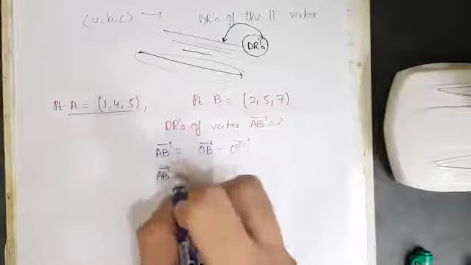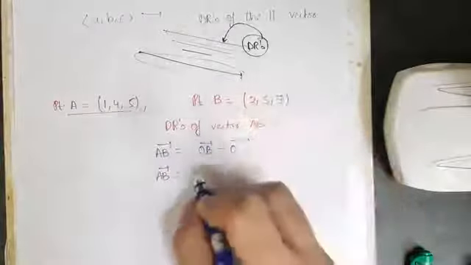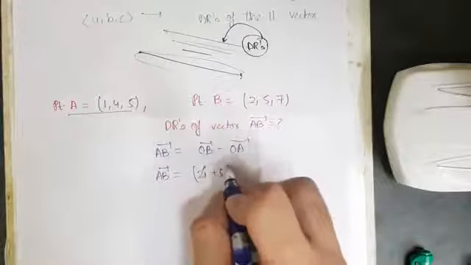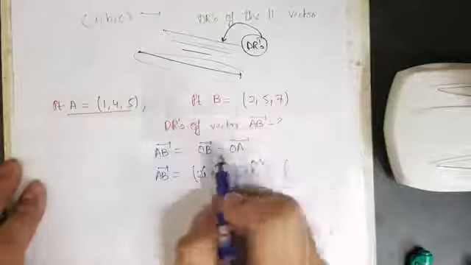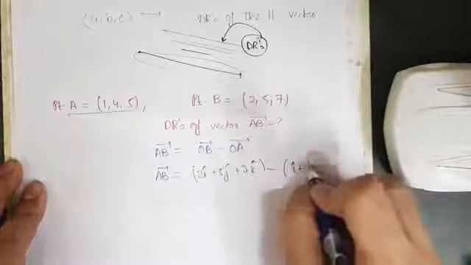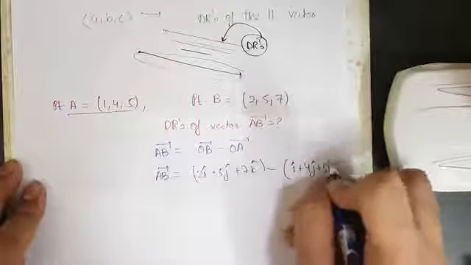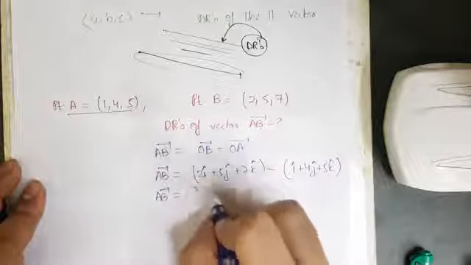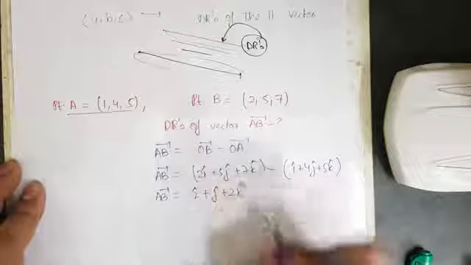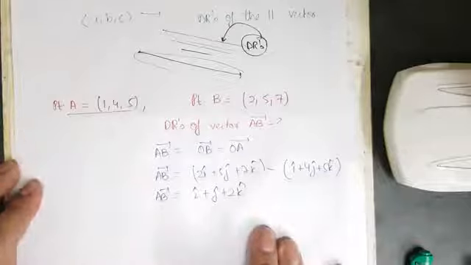So the AB vector will be equal to the OB vector, that is 2i bar plus 5j bar plus 7k bar, minus, now what is the OA vector here, that is 1i bar plus 4j bar plus 5k bar. So the AB vector will be equal to i bar plus j bar plus 2k bar.